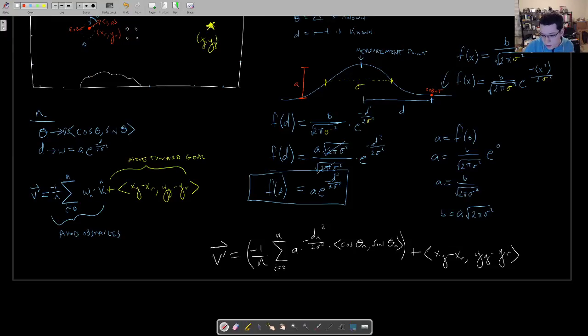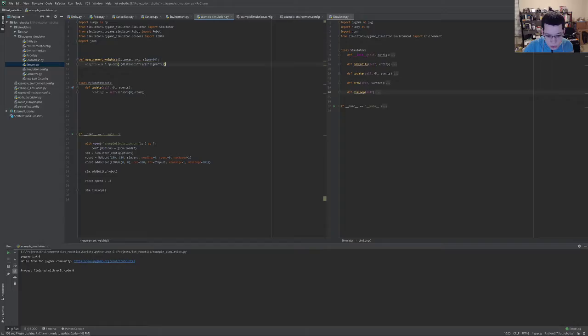Hide that again and go back to this one. So now we have the weights. So what I can do is say W equals measurement weights evaluated on readings, and I'll leave those defaults for now.